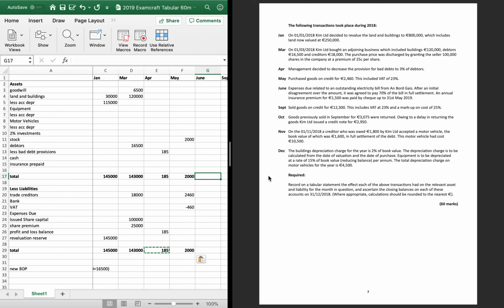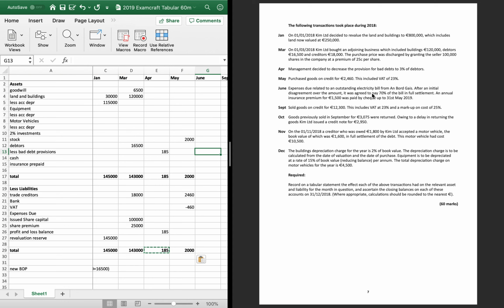June then. Sorry about that. June then, expenses due related to an outstanding electricity bill from Bord Gáis. After initial disagreement over the amount, it was agreed to pay 1500 in full settlement of the debt. So if you think about this, this is nearly like you buy goods and get a discount.